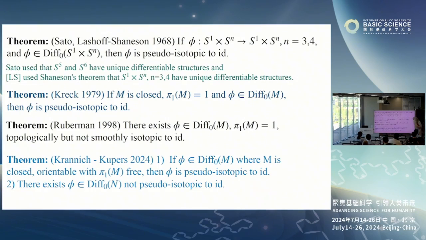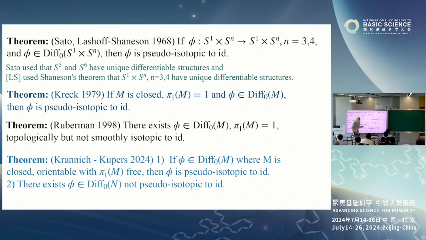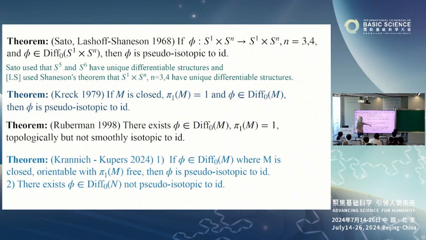So the argument I gave for unique differentiable structure on the 5-sphere implies the gluing map is pseudo-isotopic to identity. In the same manner here, you can... but then there's Craig's theorem that if you have closely connected manifolds, a diffeomorphism homotopic to identity is also pseudo-isotopic to identity.